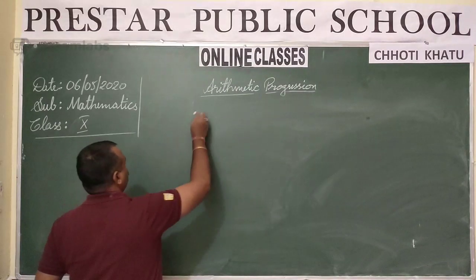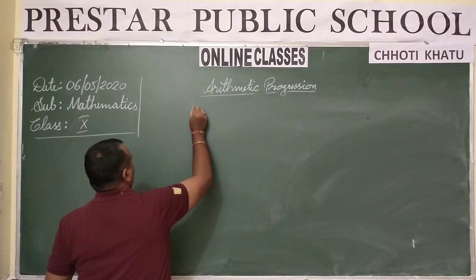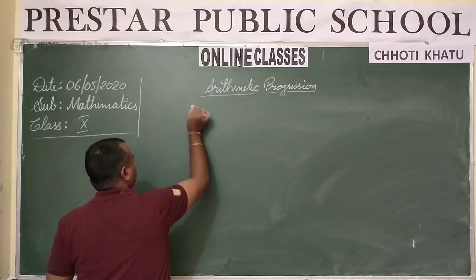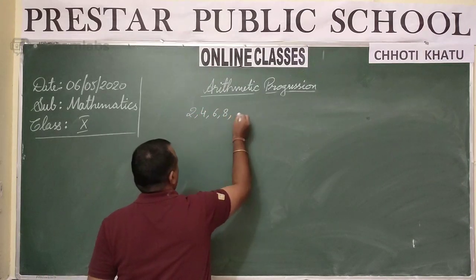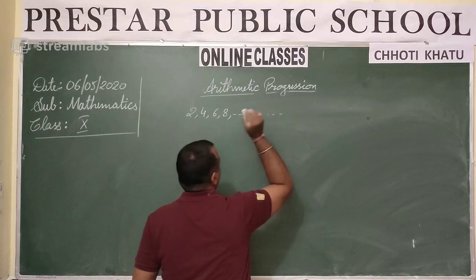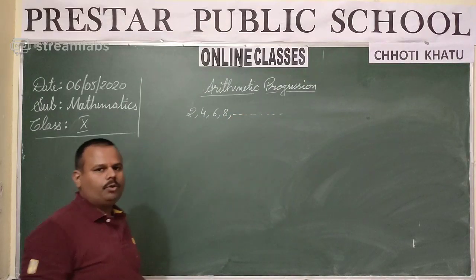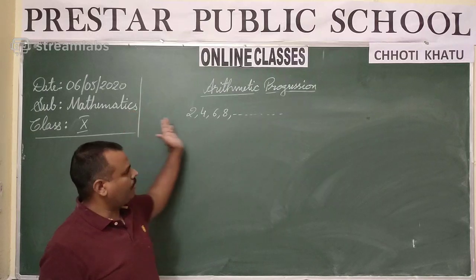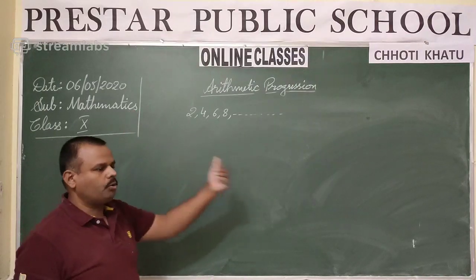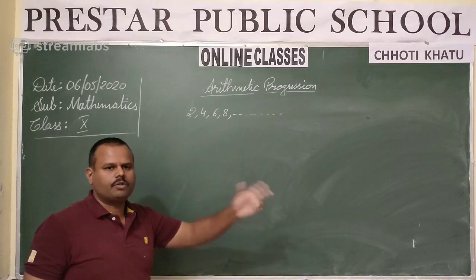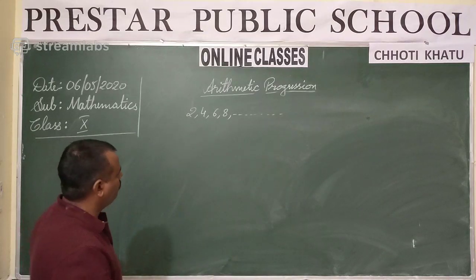For example, let us take a simple AP, say 2, 4, 6, 8 and so on. Now you are asked to find the sum of this AP up to say 10 terms, up to 20 terms, up to 100 terms, or whatever the number of terms given to you.